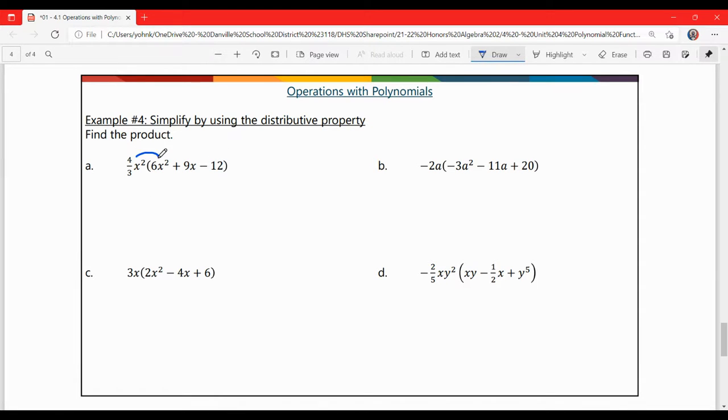So you take what's outside and you're going to multiply it by everything on the inside. So we've got 4/3 x squared times 6x squared plus 4/3 x squared times 9x minus 4/3 x squared times 12.